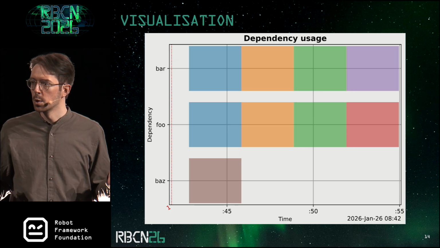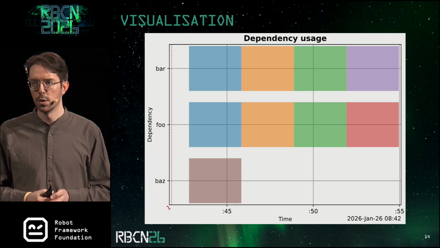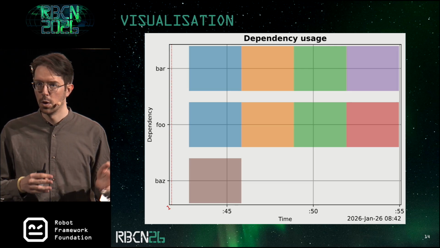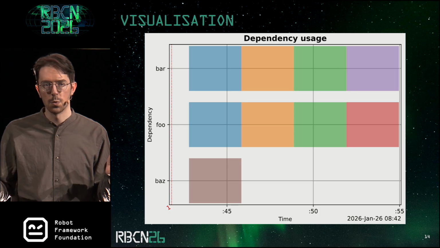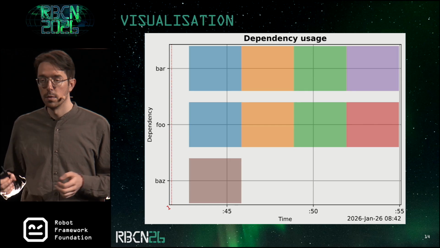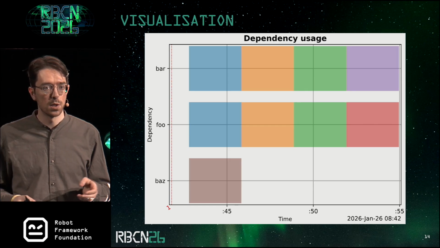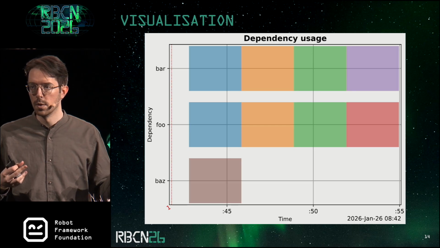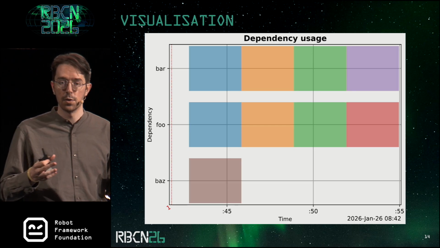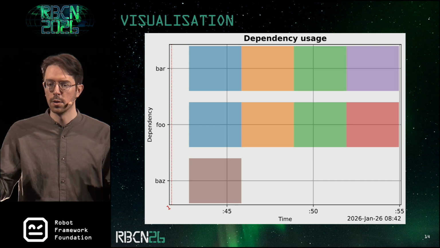But we found that we would sometimes have funny test failures, and it became very difficult to figure out whether there were knock-on effects between different suites. Let's say we had one suite that failed, but the failure was caused by the previous suite misconfiguring the device in a way that it was not reachable anymore afterwards. So for this kind of thing, it's very useful to have a timeline of how things happened.